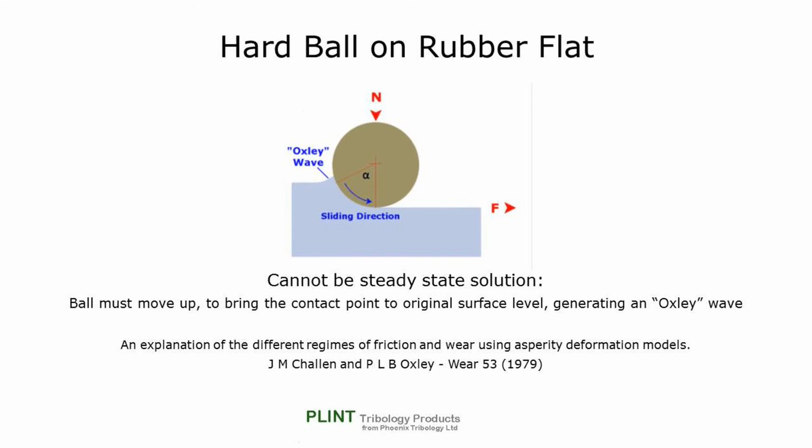Discounting elastic compliance, which will of course be rate dependent, it is apparent that the ball must move up to bring the contact point to the original surface level, in the process generating what is termed an Oxley wave.